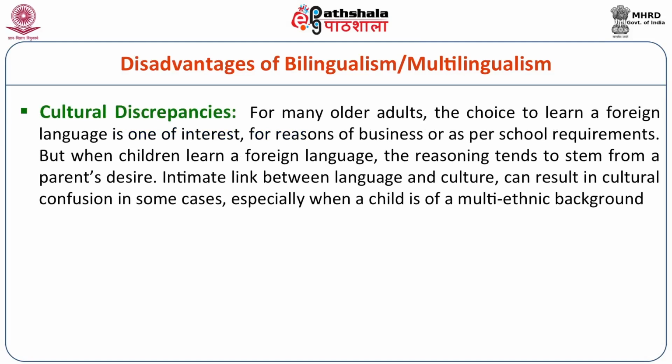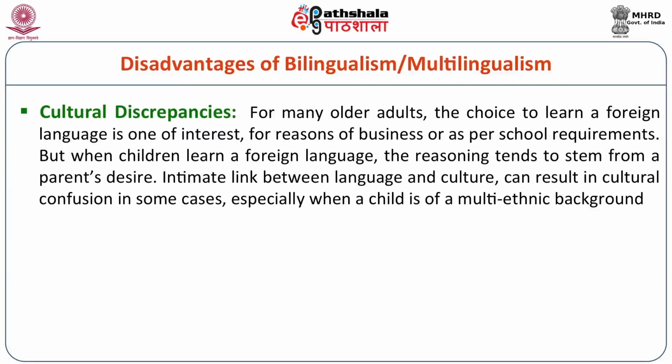For many older adults, the choice to learn a foreign language is one of interest, for reason of business or as per school requirements. But when children learn a foreign language, the reasoning tends to stem from a parent's desire. My child should learn German. No, my child should learn French as well.